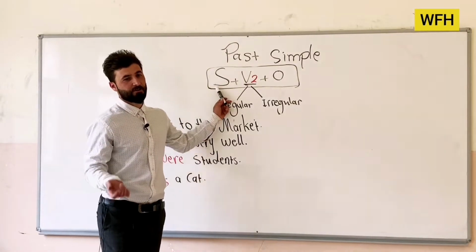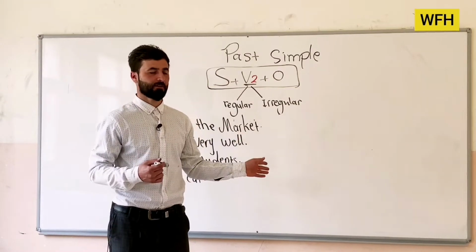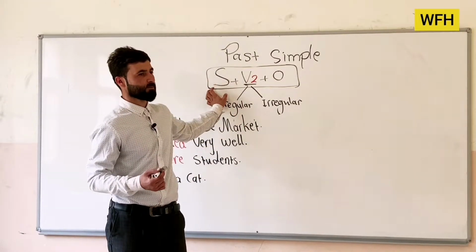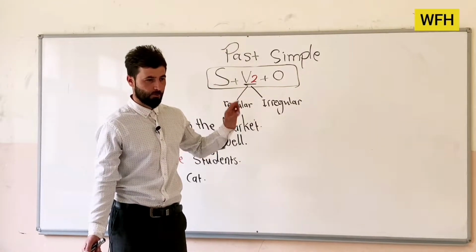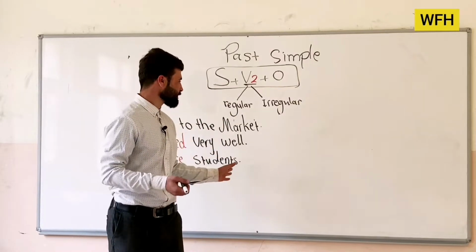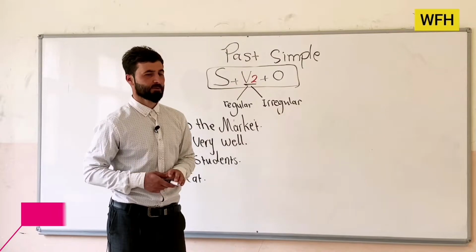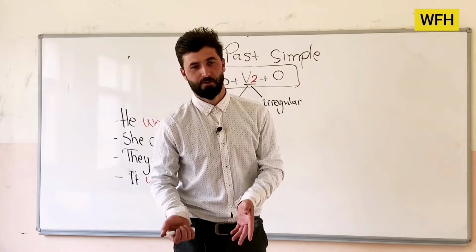Here we always have a subject at the beginning, and after the subject definitely it is going to be a verb. We have two types of verbs here: regular and irregular verbs. What does regular and irregular mean?